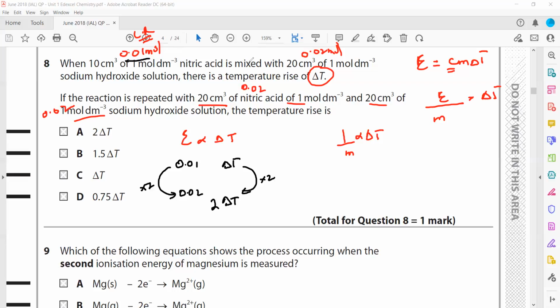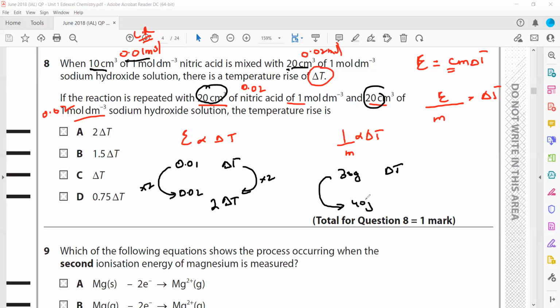Now what about the volume of the solution? First it is 10 plus 20, so the total volume was 30. So first the total volume or total mass is 30 and the temperature change is delta T. Now the total volume of the solution is 20 plus 20, so it is 40.